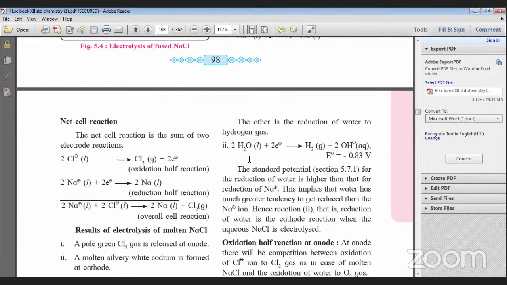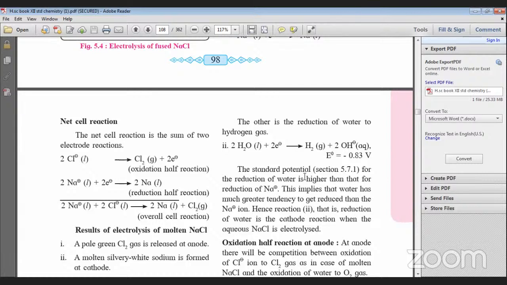Now the H plus ions accept this electron and form hydrogen gas, whereas the OH minus ions remain as they are because they are negatively charged. They won't accept electrons. So along with the hydrogen gas at the cathode, negatively charged hydroxyl ions will also form, and this is at minus 0.83 volts. At this electrode potential, you will see this reaction happening.